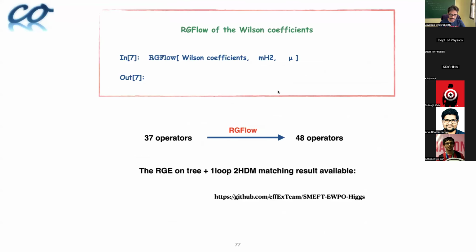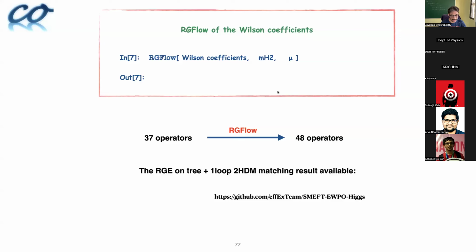Okay. So then all these operators are generated at one loop at some lambda scale, right? And then, as I told you, at the end of the day, you have to see the status of these operators or their contributions. To really assess their impact, we have to bring them to that scale where the data is being collected.